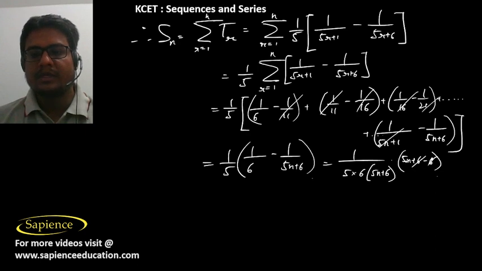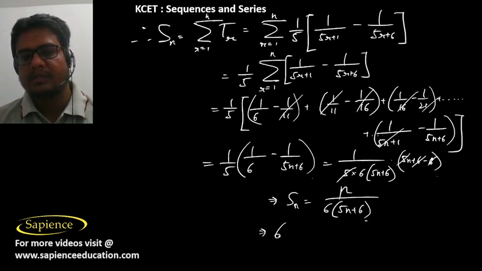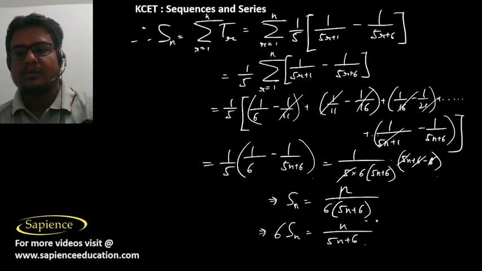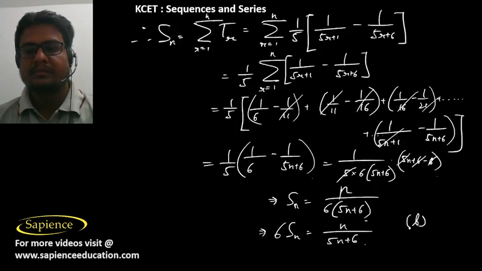So 6 and 6 will cancel, 5 and 5 will cancel. So Sn is n by 6 into 5n plus 6. So therefore 6 Sn will be equal to n by 5n plus 6. So option B is the correct answer.